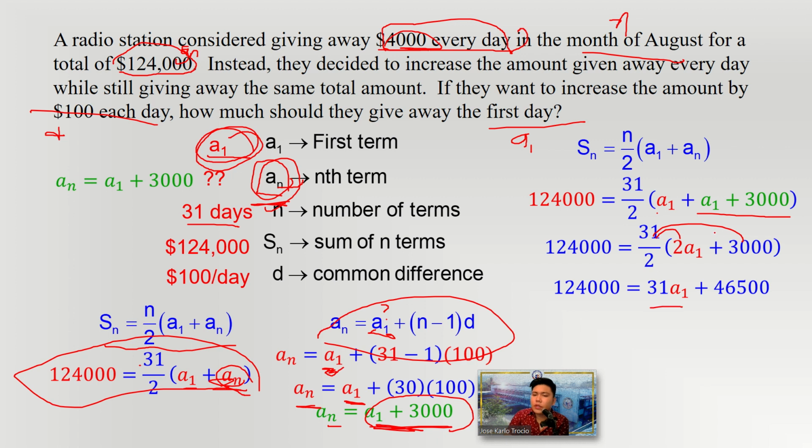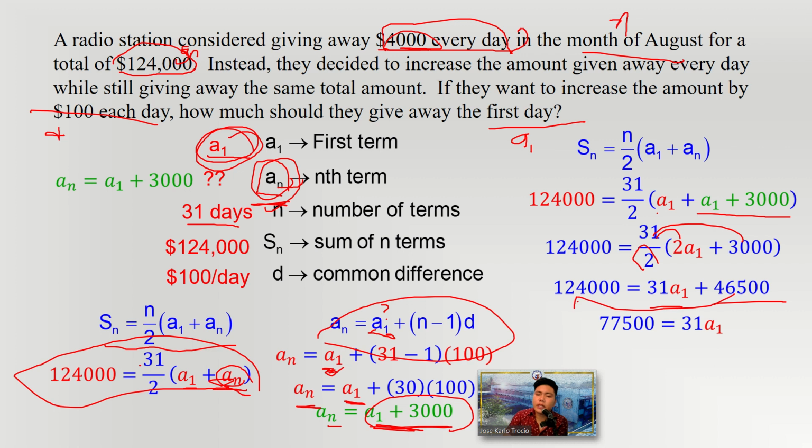Then 31 times 3,000 is 93,000, divided by 2 is 46,500.